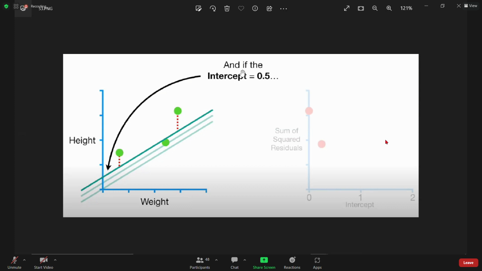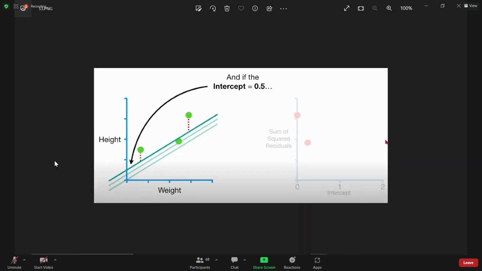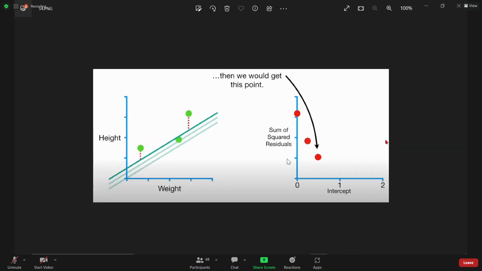Here the intercept is 0, this is 0.25, and here 0.50. So every time we keep changing the intercept, we get another slope, another cost function.